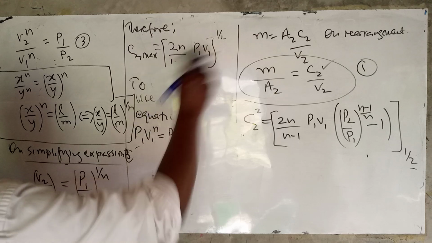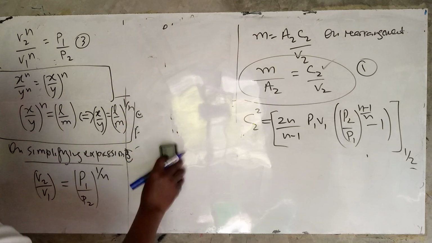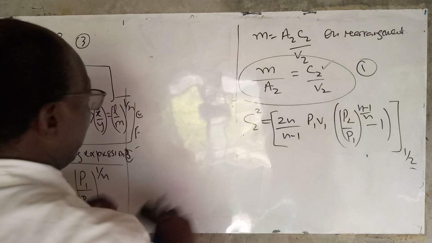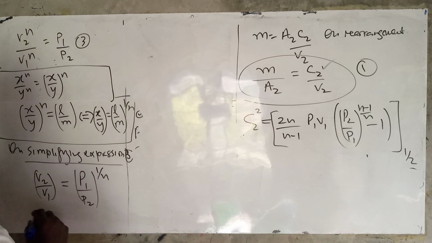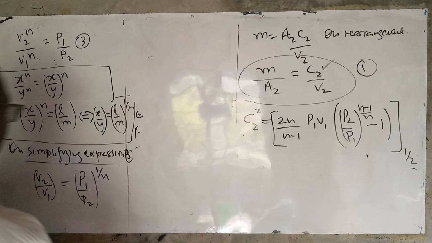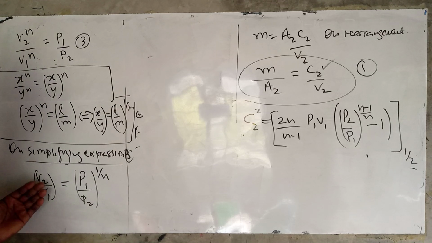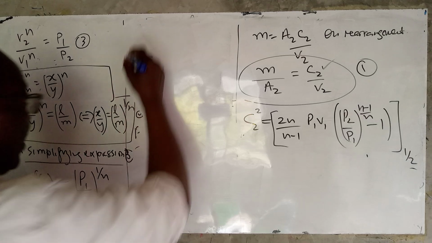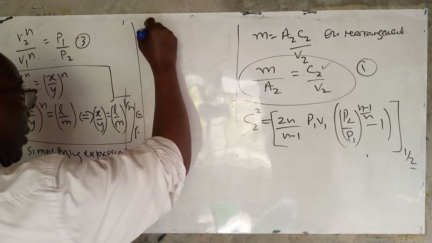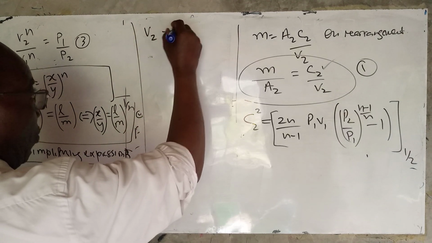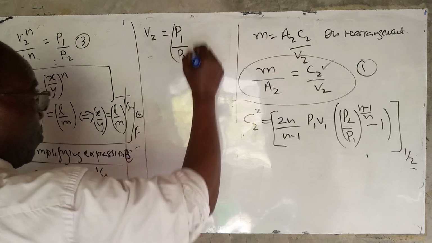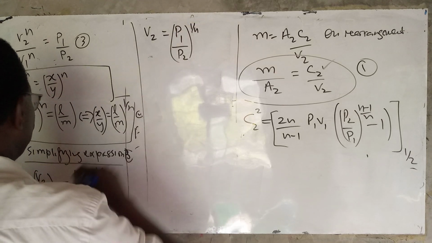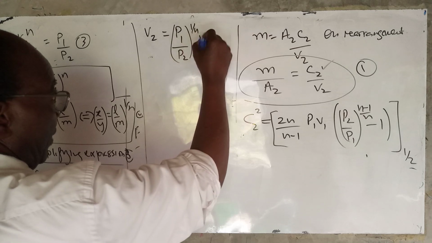So, now our life is easy. Our life is very, very easy. So to get now the mass flow rate per unit area, we just obtain the specific volume at state point 2 by simply cross multiplying. Therefore, V2 will be equal to P1 over P2 to the 1 over n times V1.